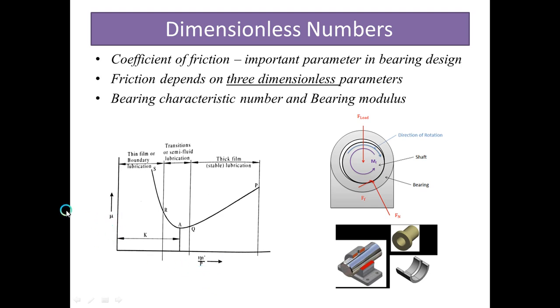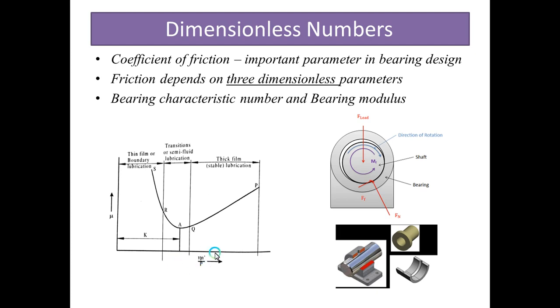Based on these two elements, x and y components, we have plotted a graph where we got a curve S, R, Q and P. What you need to understand in this case is that the parameter we have mentioned, eta N dash by P, is called the bearing characteristic number, and it is a dimensionless number.